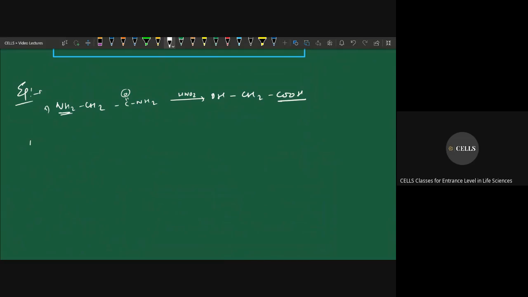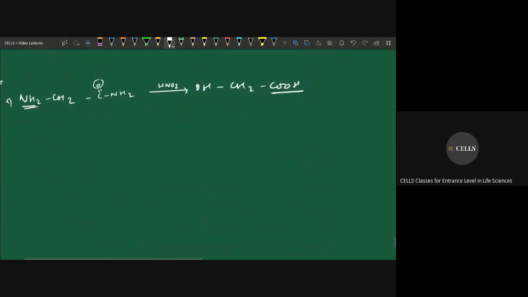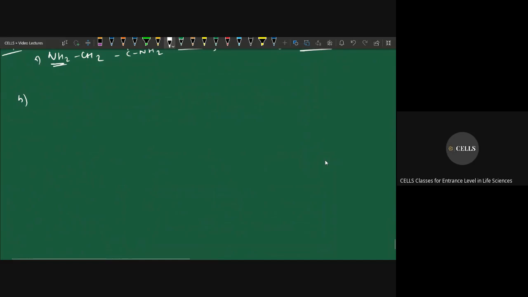This is one type of question. Let me give you another kind of question. It's a good question. Suppose this is NH2, there is CH2, there is CH, there is CONH2, CH double bond CH NH2 upon NaNO2, HCl.